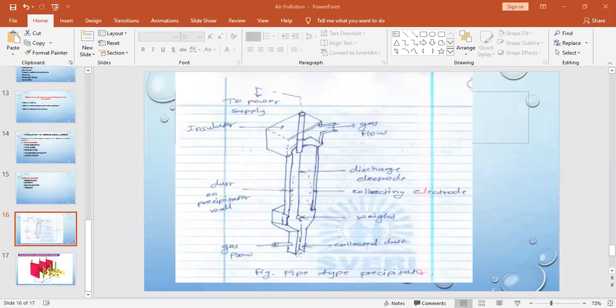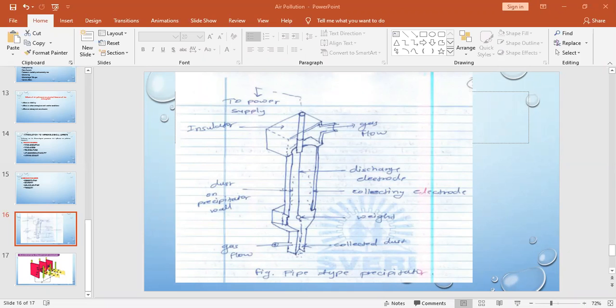Another advantage of electrostatic precipitator is that very fine particles, even 0.1 micron or less than 1 micron, can be removed with the help of electrostatic precipitator. In short, it is known as the ESP. Electrostatic precipitator can be written as ESP.